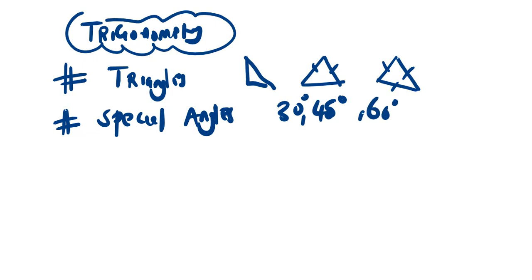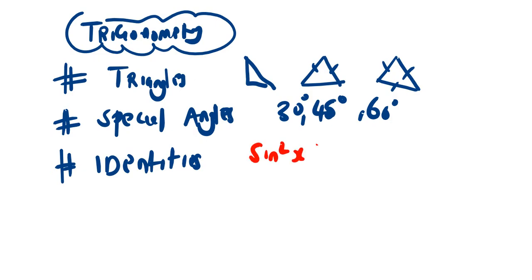Then what other thing are you supposed to know? You're supposed to know what we call identities. The Pythagorean identity, you are not supposed to forget it: sine squared x plus cos squared x equals 1.